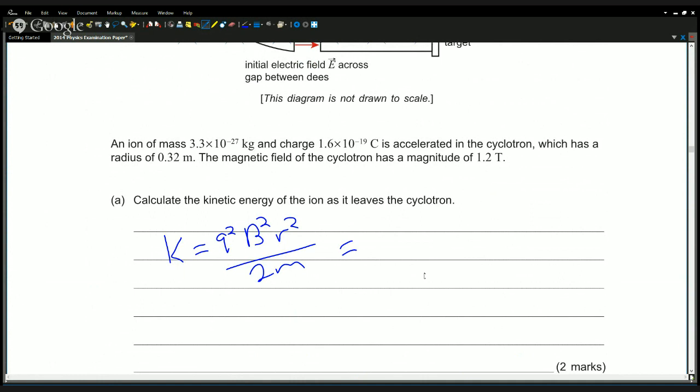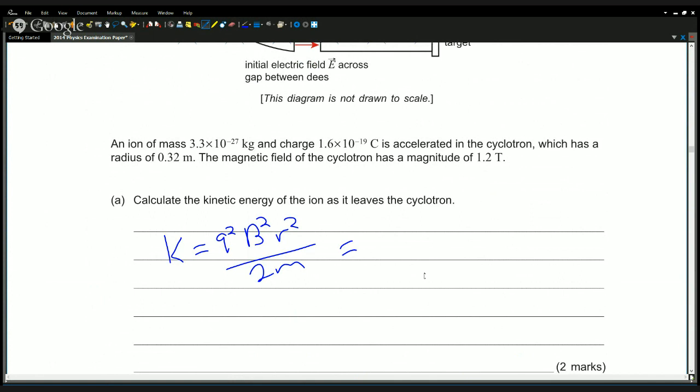E negative 19 squared times 1.2 Tesla squared times R, which is 0.32 squared, divided by 2 times the mass, 3.3 times 10 to the negative 27.